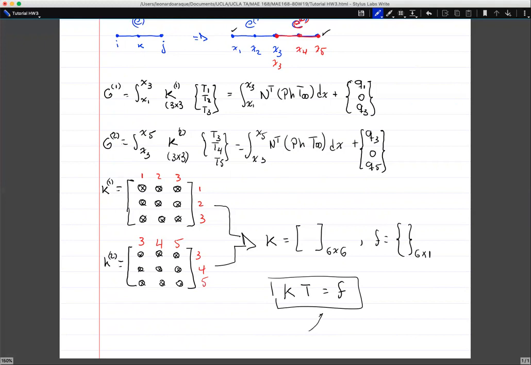So I'm going to say that this moment right before solving the system of algebraic equations is the right moment to impose the boundary conditions in our system of equations. Okay? So that's what we need to do to solve this problem.